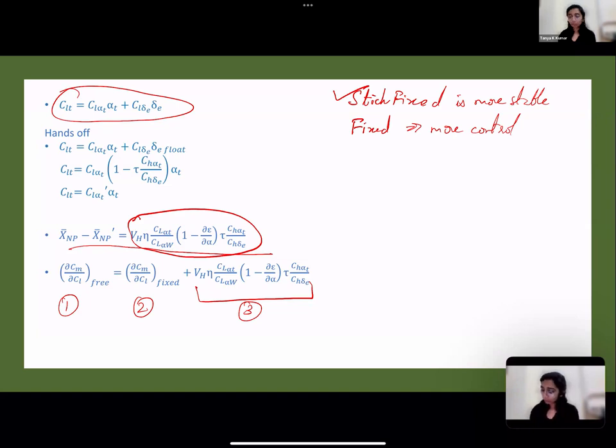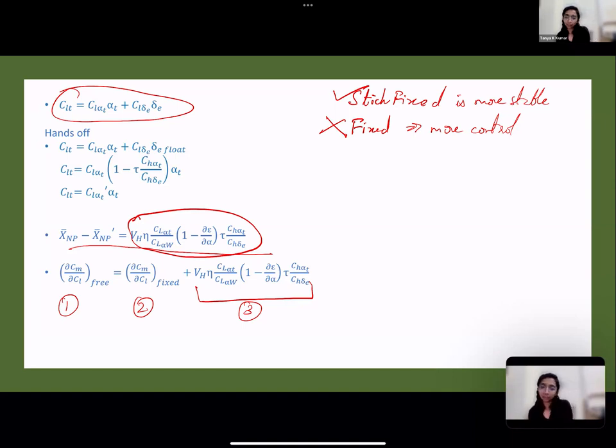Okay. So now, initially I had told you if your aircraft is more stable, it's more difficult to control. When I said static margin, do you remember that? The more stable the aircraft is, the more difficult it is to control. So this statement is wrong. Stick fixed condition is not easier to control. And control can never be the answer of why something is more or less stable.